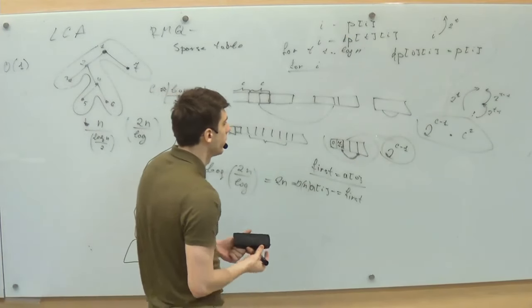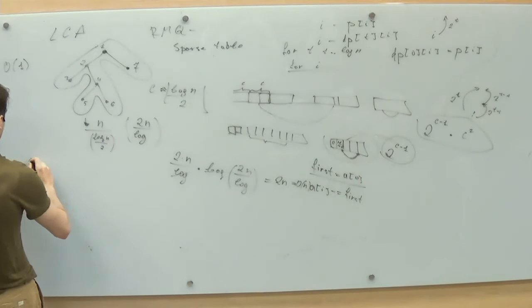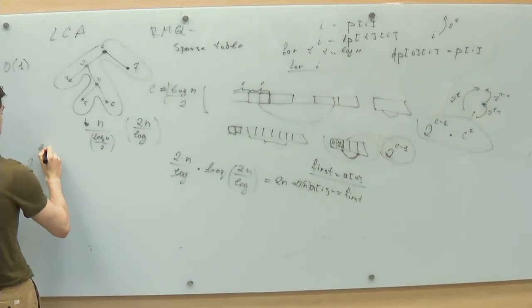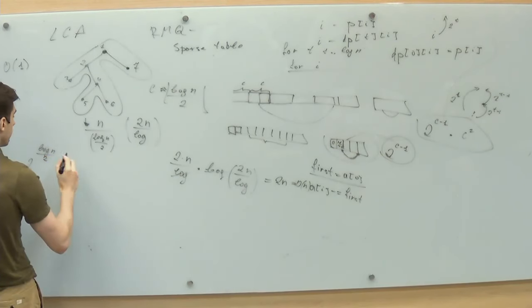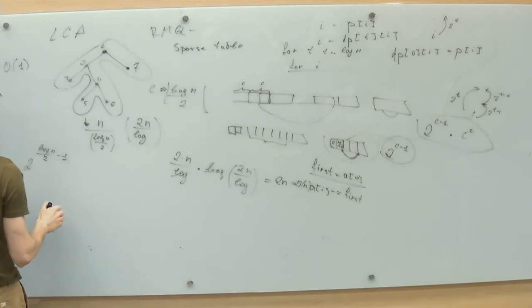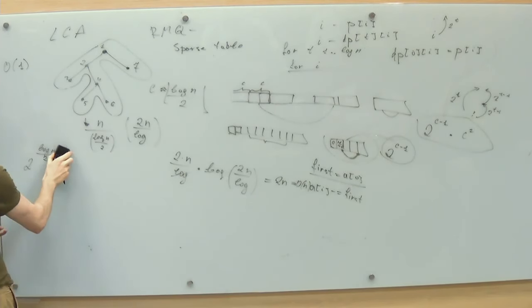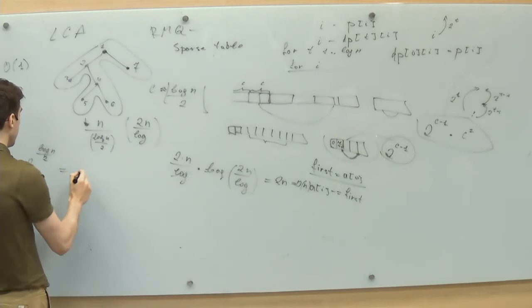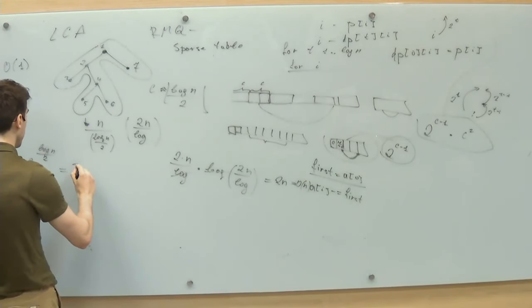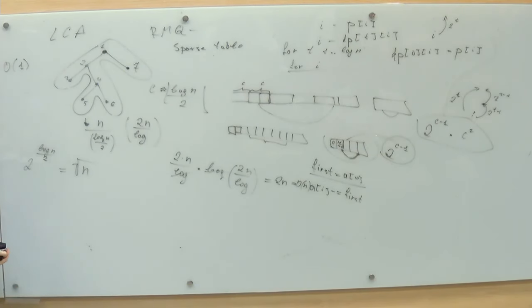And what about this part? So we have 2 power log n divided by 2, minus 1 blocks, but you can just say it's a little bit larger than that. And this is about square root of n blocks.